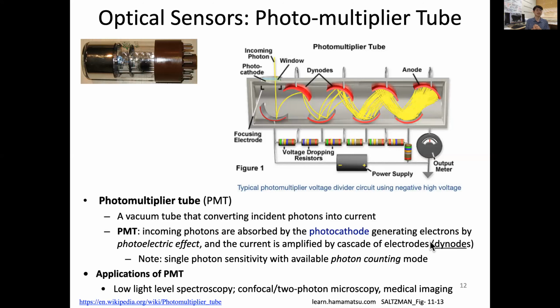And what's interesting here is the PMT has a high sensitivity, even single photon sensitivity. So this is a real proof that light is composed of photons, okay? Single photon sensitivity with an available photon counting mode, which means because it's a photon, even when a single photon gets in, we detect the signal, then we can even count the photons.